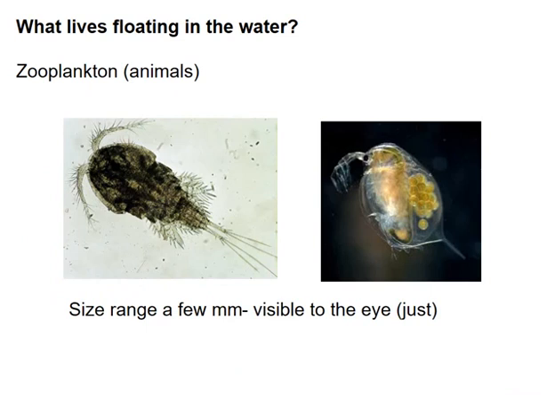So the things that live floating in the water tend to be pretty small. These are zooplankton, and they're probably just about visible to the naked eye. They might be about 1 millimetre across. This is a water flea and a copepod. And usually you can just see them flitting around in the water and swimming around.